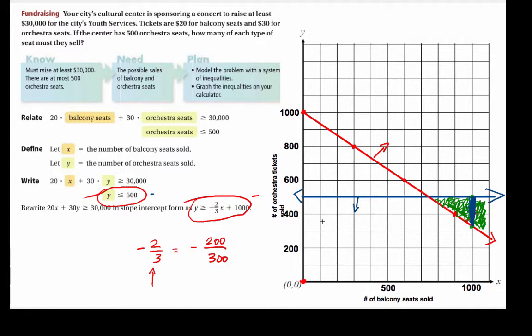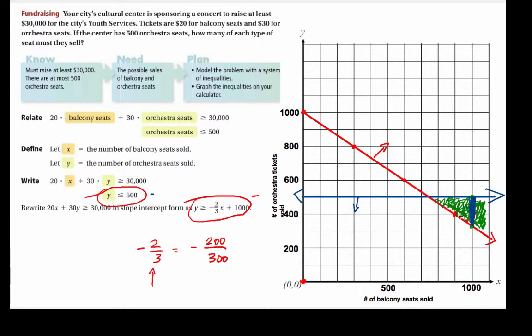I don't know exactly what this value is over here, but let's just say it's a little over 300. If they sell 1,000 balcony seats, then they need to sell a little over 300 orchestra seats in order to ensure that they're going to raise the $30,000.